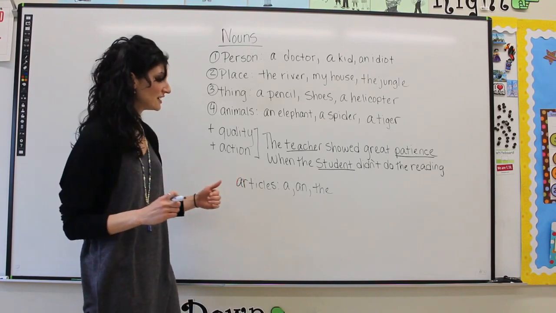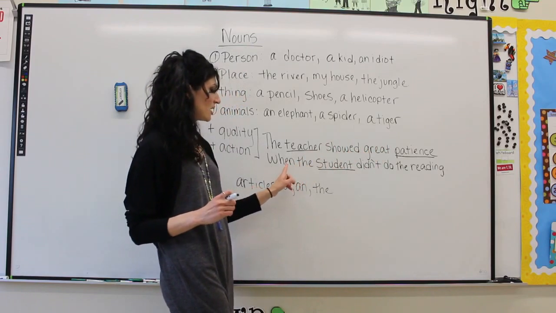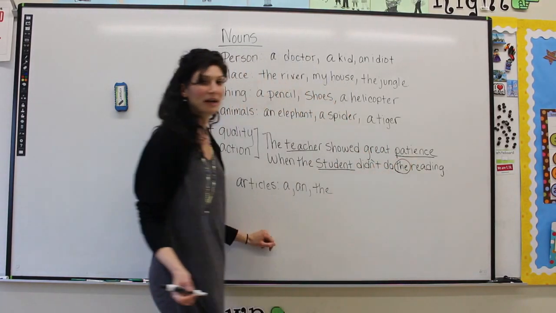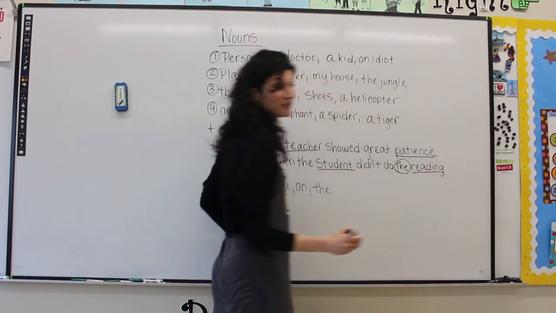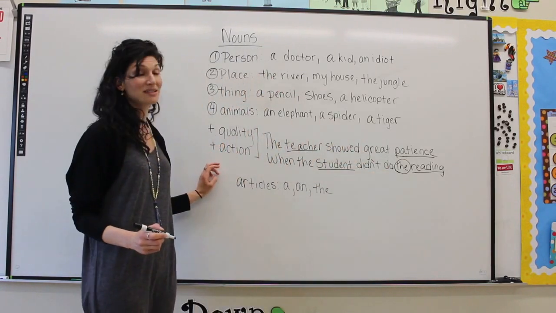So if we take a look at the example here, the teacher showed great patience when the student didn't do the reading. In this sentence, reading, although we often think of it as a verb, is actually considered to be a noun.